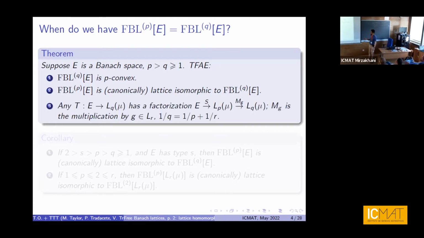If you have a linear operator from E into an L_Q space, then it will factor through an L_P space. Here, of course, the map from E into L_P is a bounded operator, and the map from L_P into L_Q is an operator of multiplication by G, and of course, G has to be such that this multiplication operator is bounded.